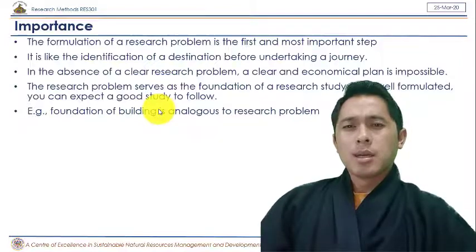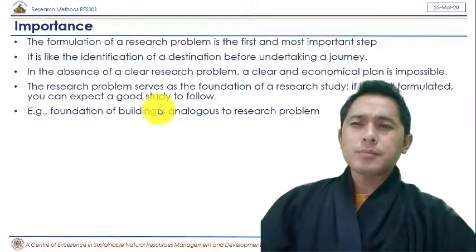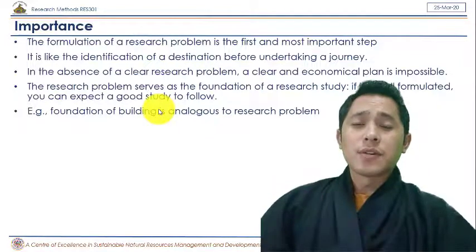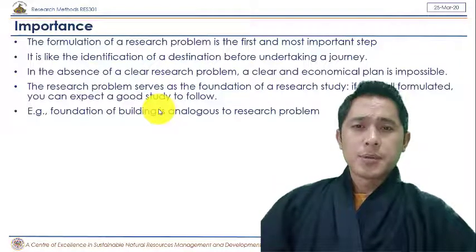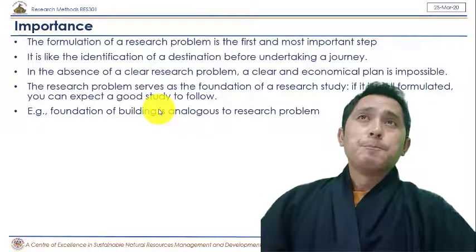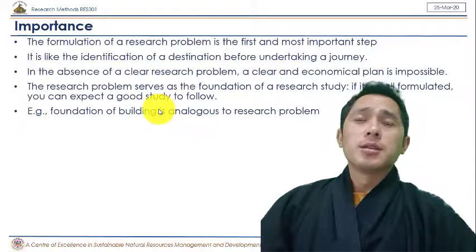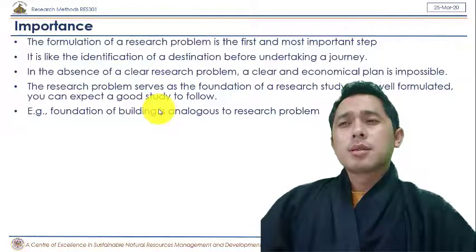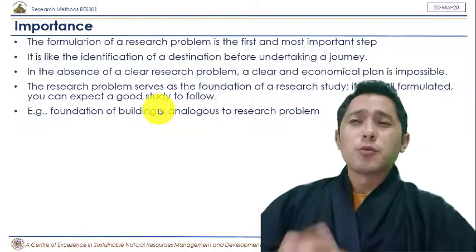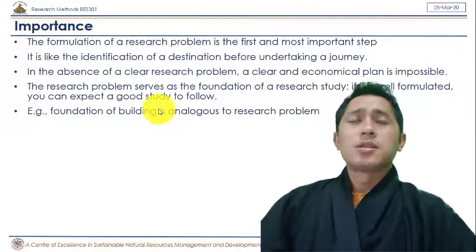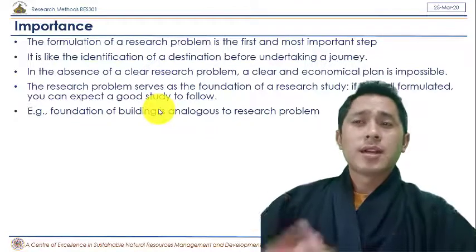So another analogy can be research problem helps us to identify our destination, which we want to undertake. As we know, without a destination, it's impossible to find different ways, and it's again impossible to find the shortest way or any kind of ways.